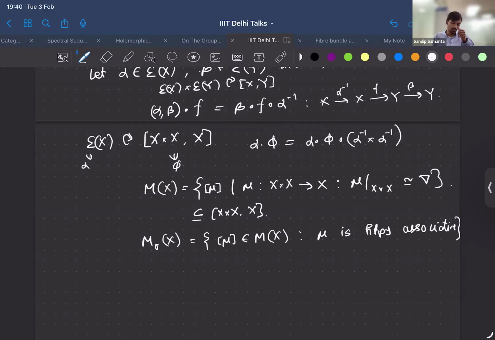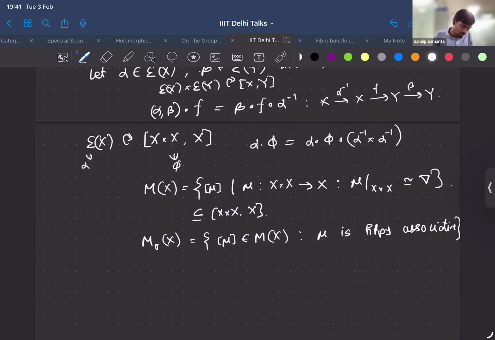So again, from x cross x cross x to x, there are two possible ways of using the mu: either I can take mu compose 1 cross mu, or mu compose mu cross 1. Those two maps are homotopic. That's homotopy associativity in that case. So this is again a subset, like the previous one.